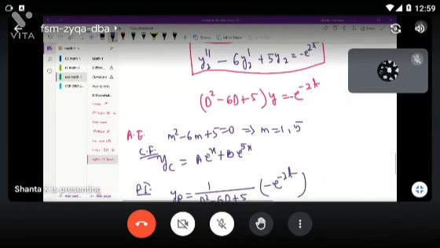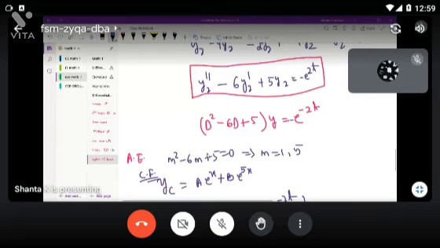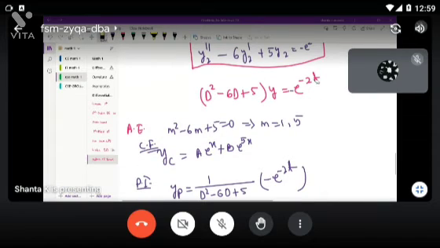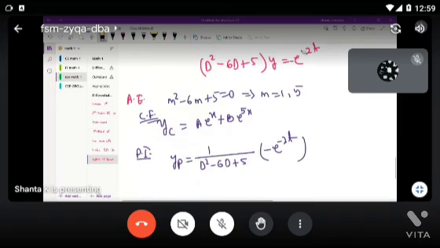Ma'am, it is not minus 2t, it's only 2t in the exponent form. This is only 2. Yes. Okay, thank you.